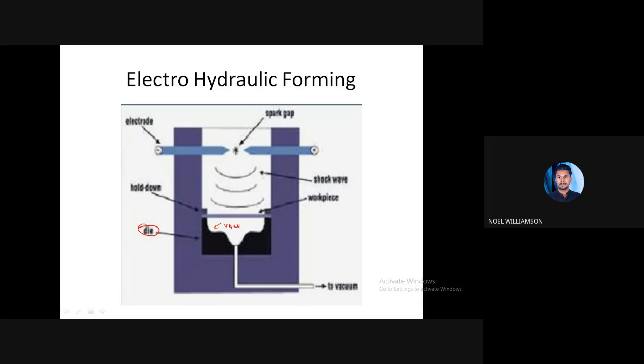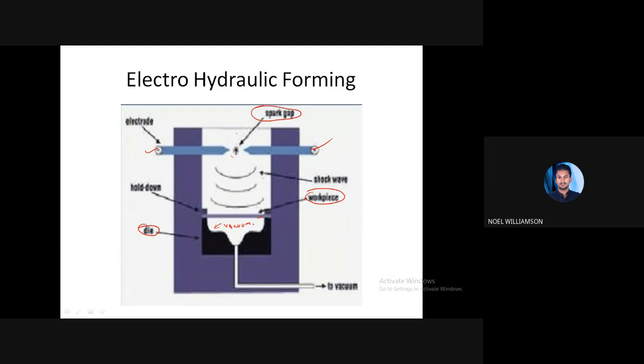This is the workpiece, and here you can see two electrodes, one over here and one here, and in the gap between them a high potential is given, so a sudden electric discharge is given. As a result, a spark is generated here.